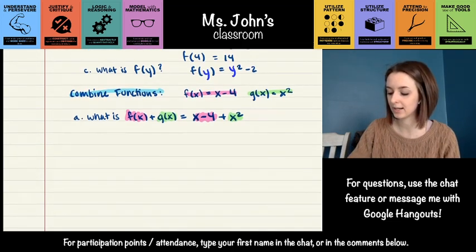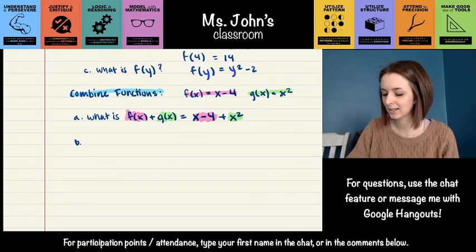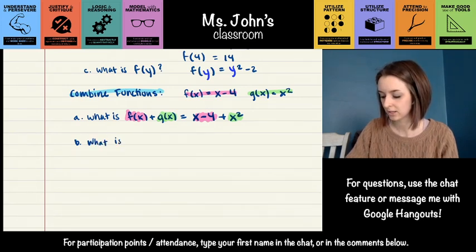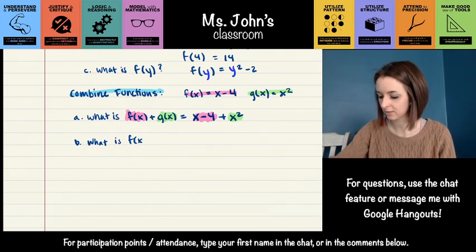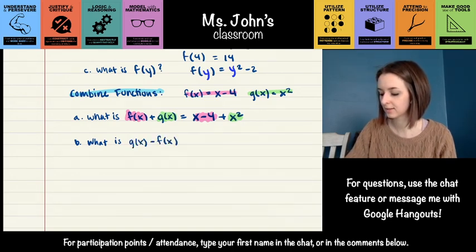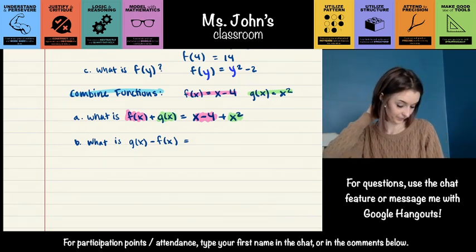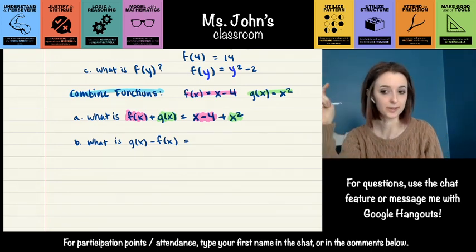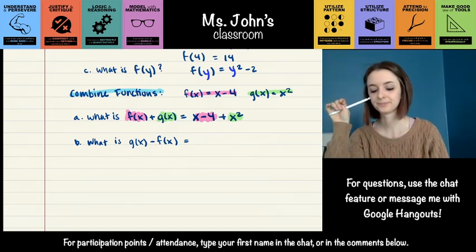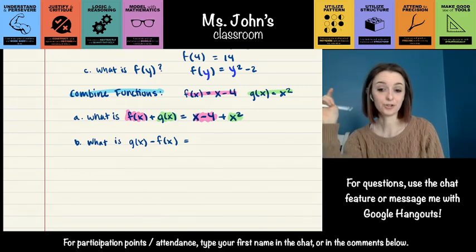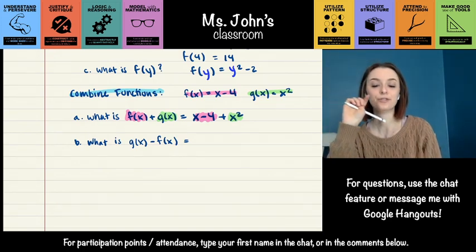One more example of that kind of thing. When we're subtracting functions, it's important to use parentheses because, actually I'm going to switch the direction here. We're going to do g of x minus f of x. When we're subtracting, it's important to use parentheses. In fact, if in doubt, always use parentheses because it's way better to have too many parentheses than too few.